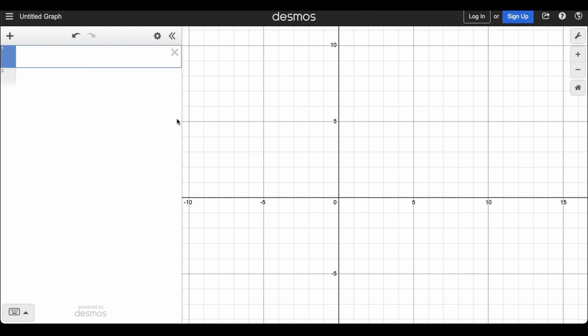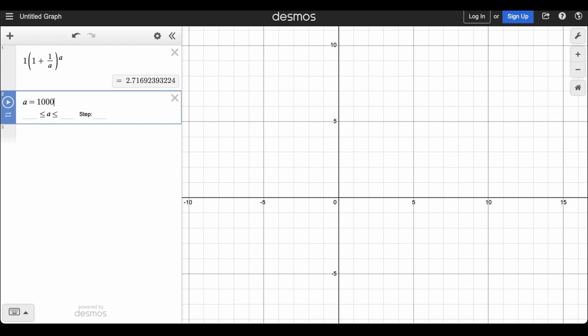So let's say we have a principal amount 1, and that's multiplied by 1 plus 1 divided by, let's say, just a number a, raised to the power of a. And let's make a, let's say, I don't know, 100 million.